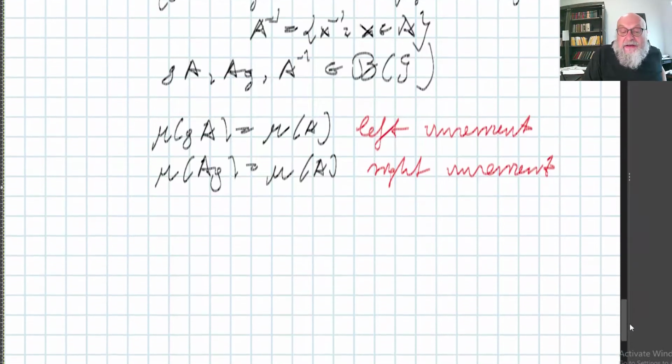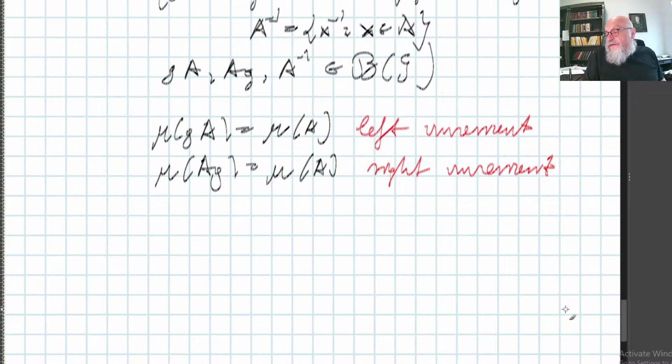So we have here one of the very famous theorems, which says that such a measure, left and right invariant, always exists on the compact Lie group and is unique, up to the normalization. If we assume in addition that the measure of the whole group is equal to 1, then such a measure always exists, and it is called the Haar measure.